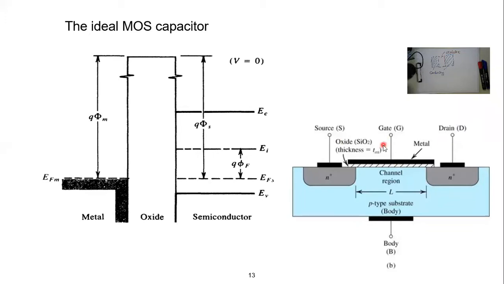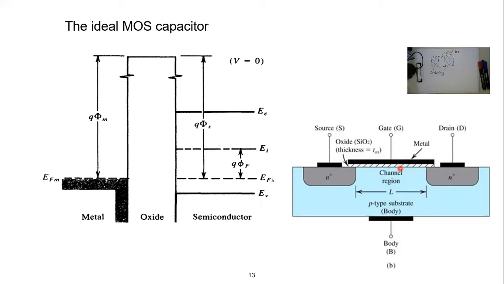Because we have here an oxide, as you can see, which is equal to this dielectric, if you can see my hand on the top right of your video. This is an insulator. Above we have a metal, which is of course a conductor. Below we have a semiconductor, which has some conductive capabilities based on the holes or the electrons. So in all cases, we have here a capacitor.